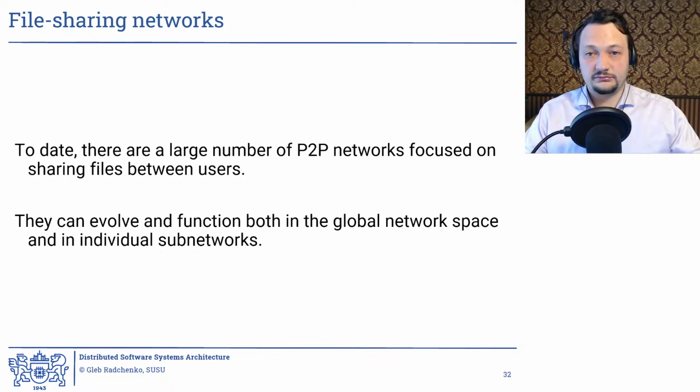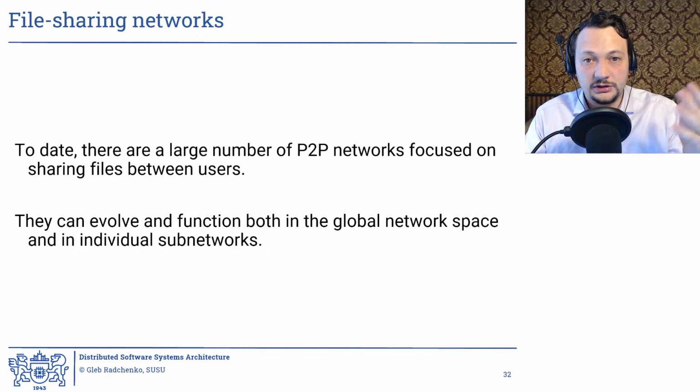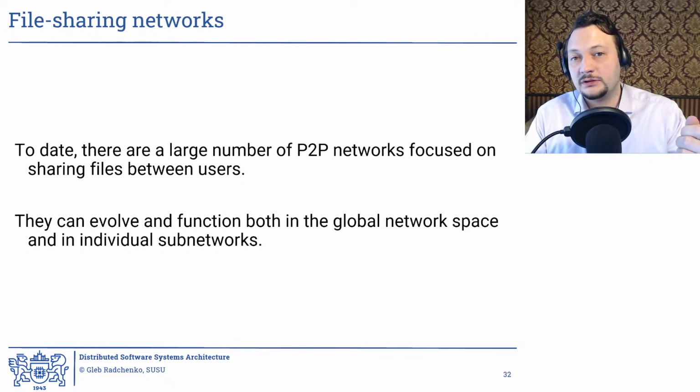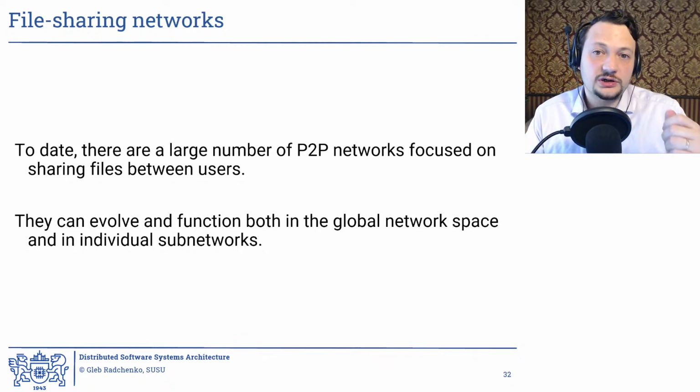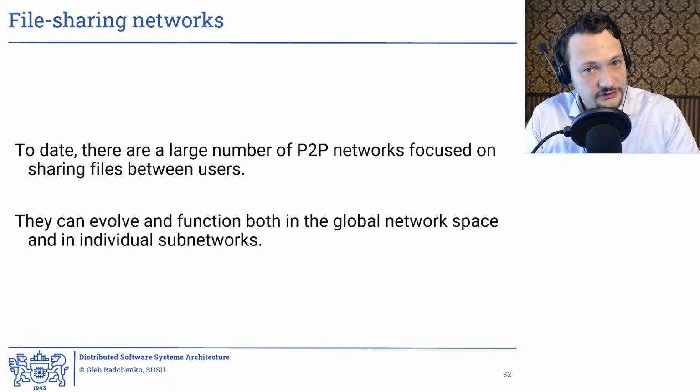These networks can be organized as worldwide networks, including millions and billions of nodes that share files between them. And they also can be organized as a local network in some local communities, networks that allow directly connecting one user to another user and sharing the data between each other.